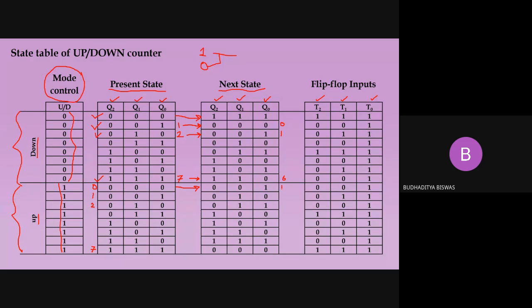Then after 1 it will go to 2, and in this way, at last after 7 it will go to the initial state, that means 0. So this completes the present state and next state columns for the up and down counter.